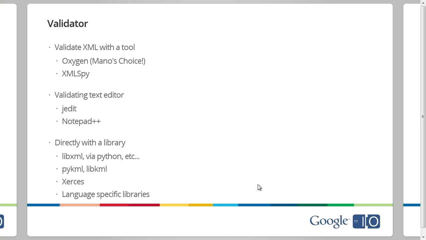And Notepad++ has some basic validation stuff built in. But of course, you can also directly validate using a number of different libraries, the classic being libxml, and then a bunch of language-specific ones. And then there's some KML-specific libraries that are helpful, PyKML, as Sean mentioned, and libKML.